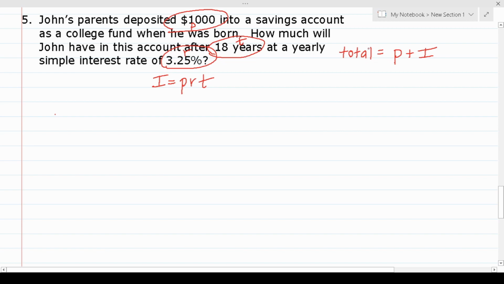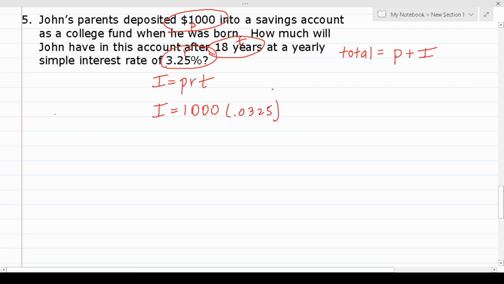So let's go ahead and work on this one. Again, interest equals P, which is 1,000, times rate. We're told that he was given a 3.25% interest rate. In decimal form, that is 0.0325.